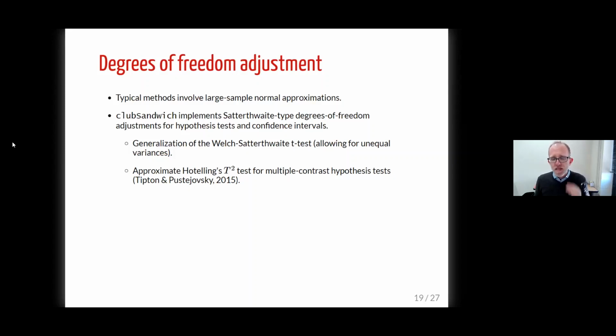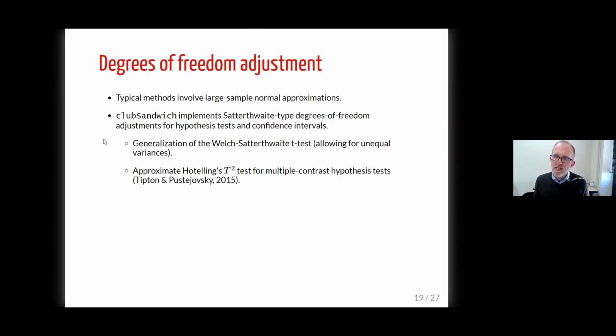You can think of this as, if you go back to stats 101, where you learn the t-test allowing for unequal variances, it's sometimes called the Welch-Satterthwaite t-test. That Welch-Satterthwaite t-test uses this other degrees of freedom in the construction of the test. And the Satterthwaite degrees of freedom implemented in clubSandwich are essentially a generalization of that Welch-Satterthwaite technique.